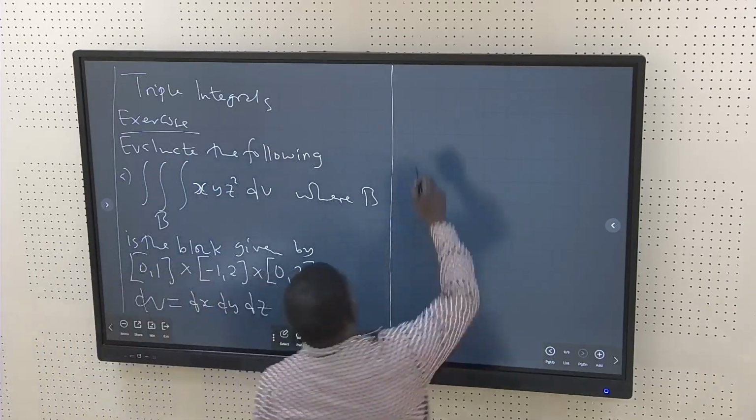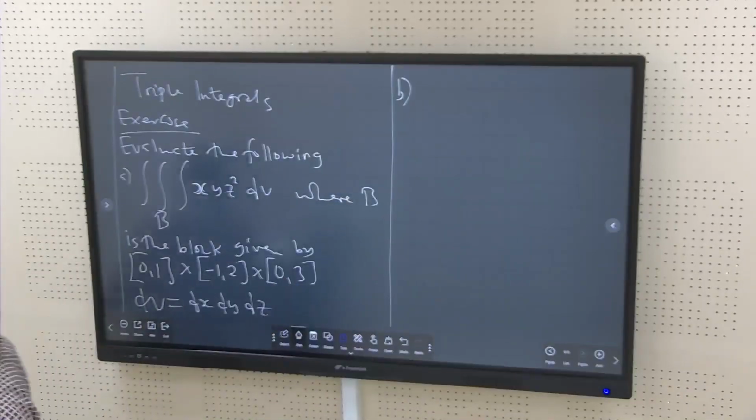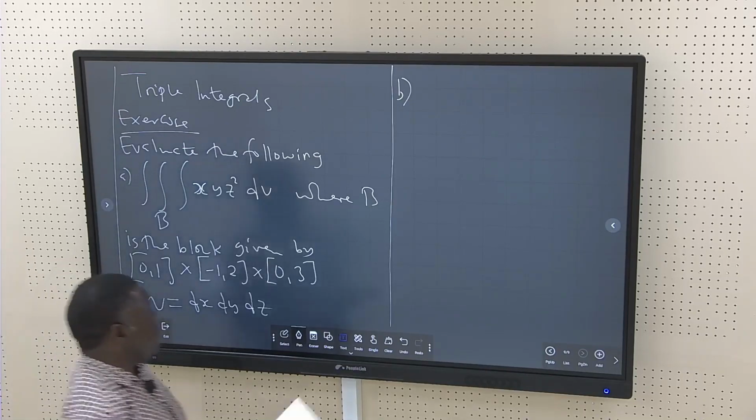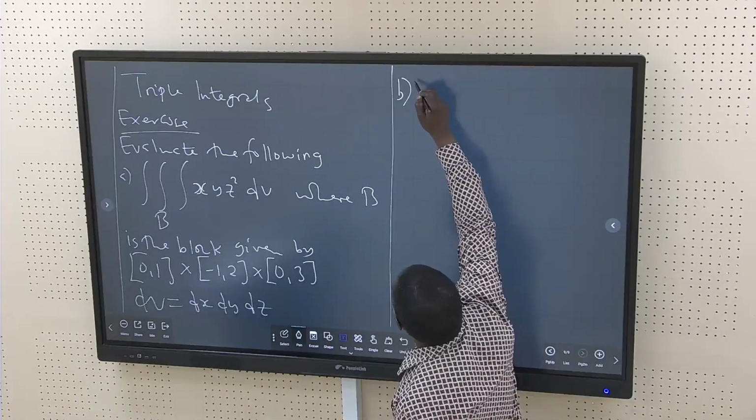The second one, go and do this one. This is simple, but tricky.